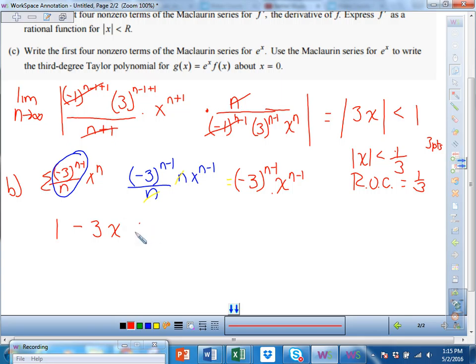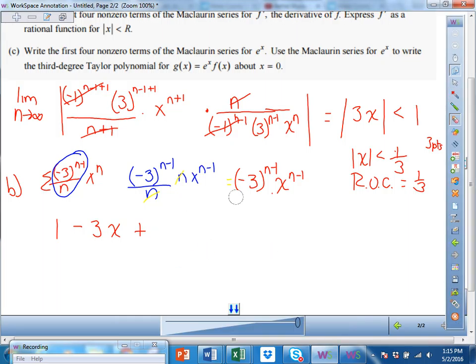And then when n is 3, I get positive 3x, the whole thing squared. So that's 9x squared? And the next one is 27x cubed? Or negative.